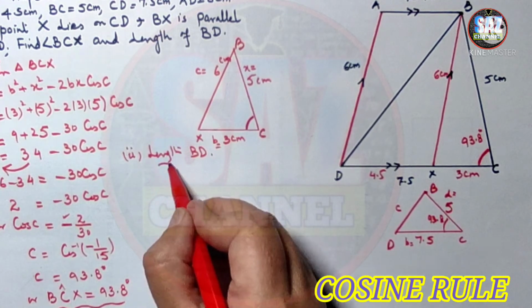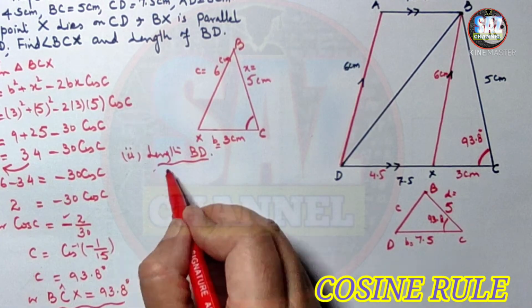So in order to find length BD, we will be taking triangle BDC.